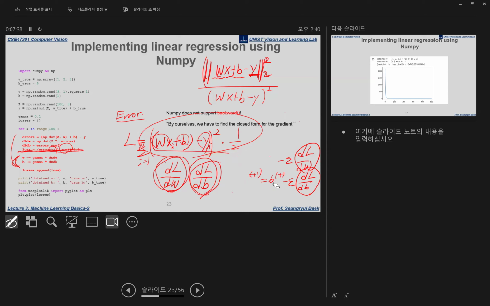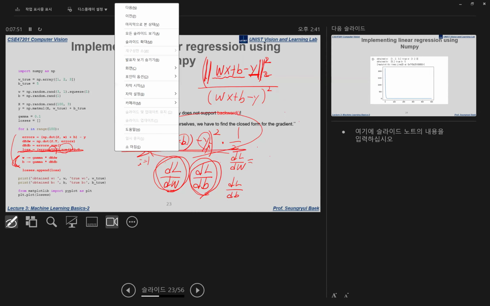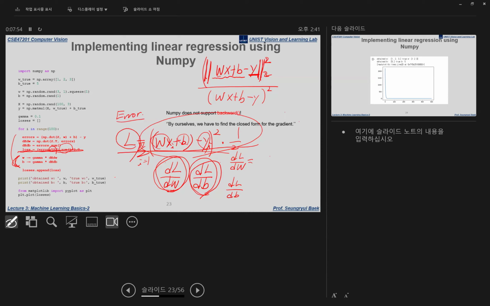How to calculate them is that we have to get the closed form differentiation for these two values. So if we differentiate this loss, or the error, with respect to W, then it would be like this.